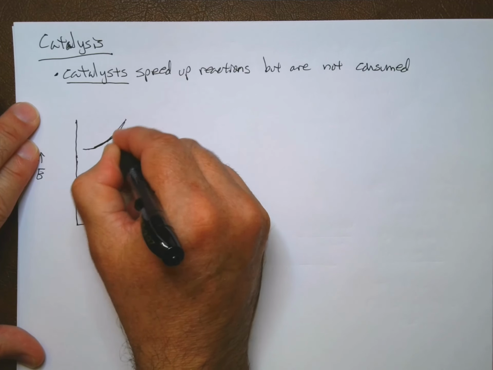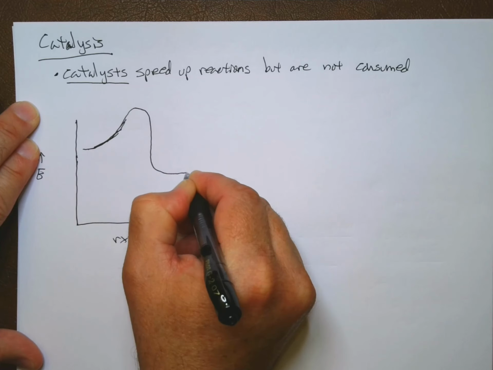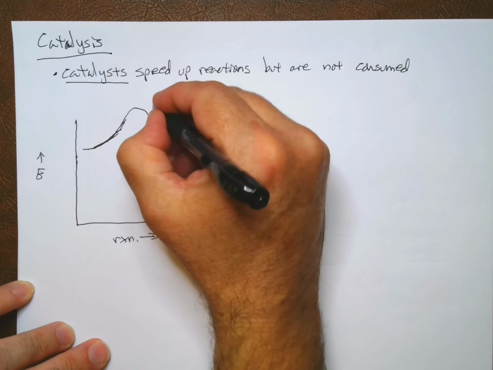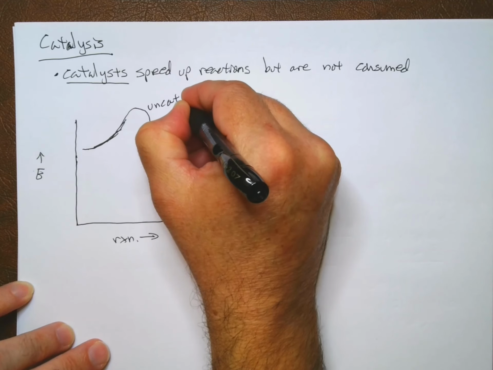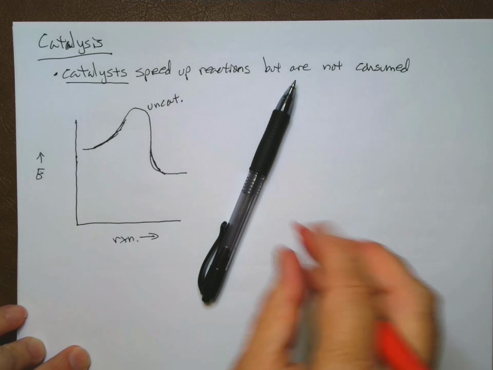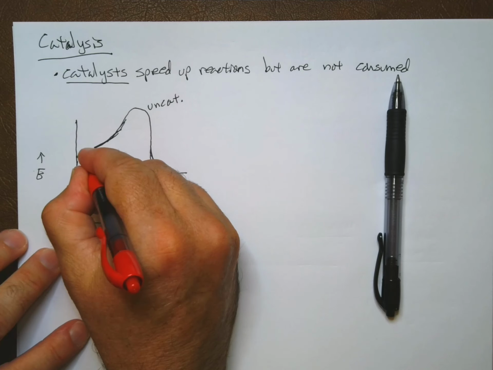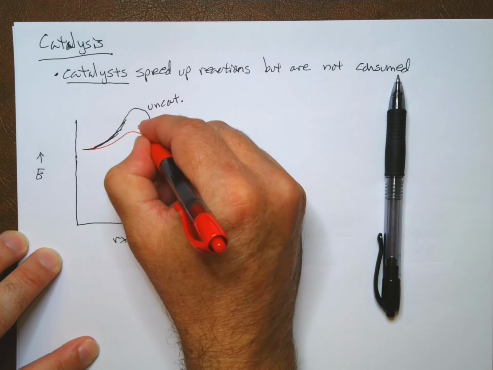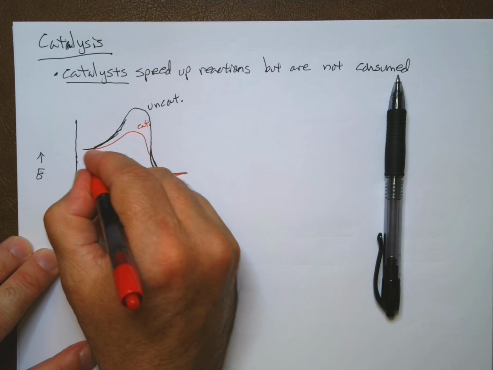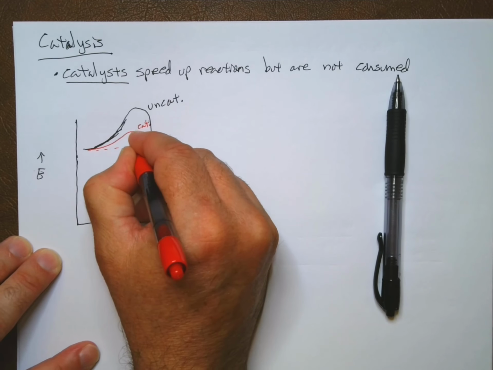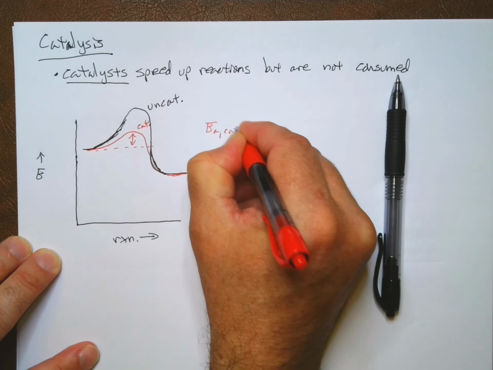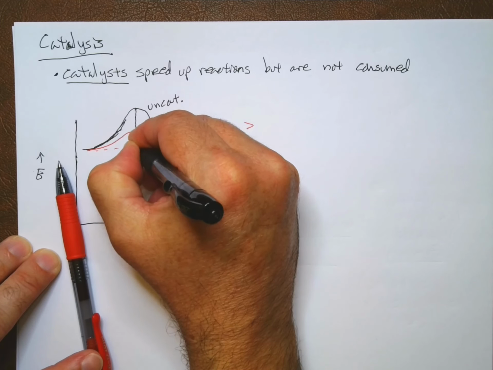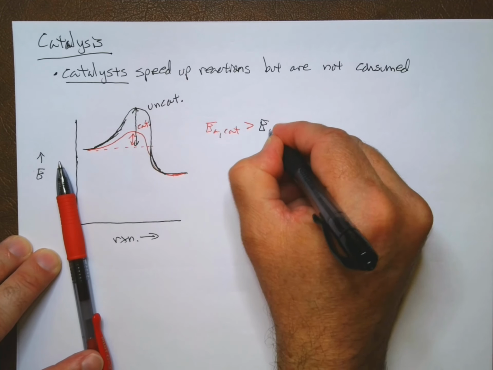Sorry about that. Let's make this guy a little higher there. There we go. So let's say we have the following reaction progress diagram. So this is our uncatalyzed reaction. Catalysts typically work by lowering the activation energy. So now if I look at my activation energies here, I've got EA cat is less than EA uncat.